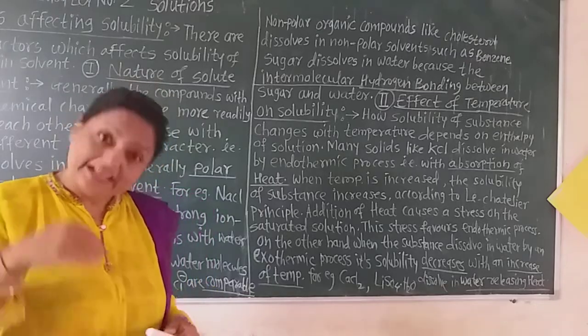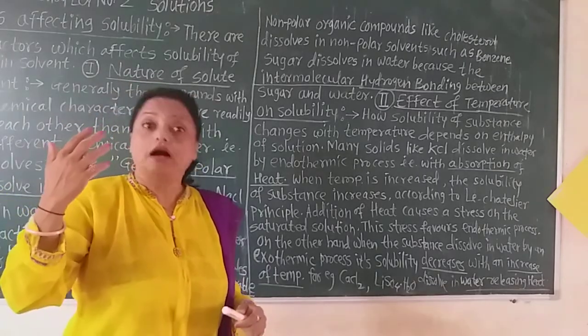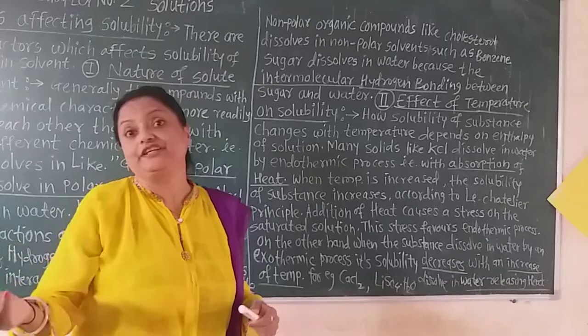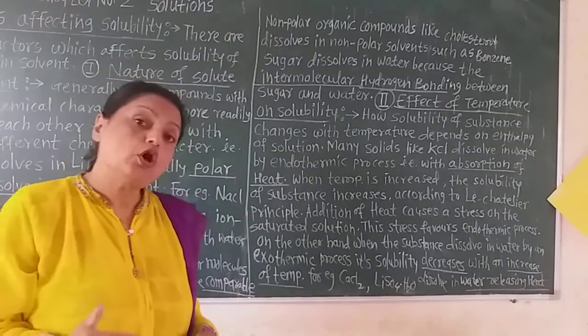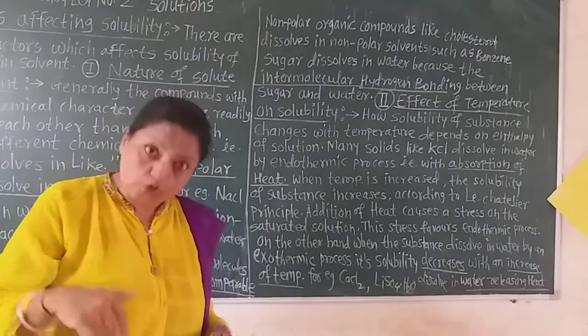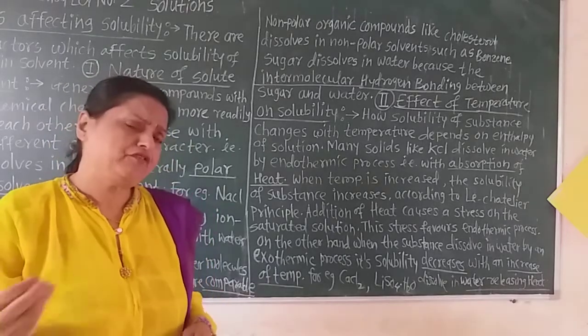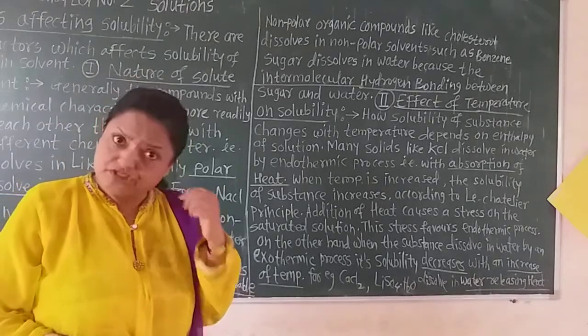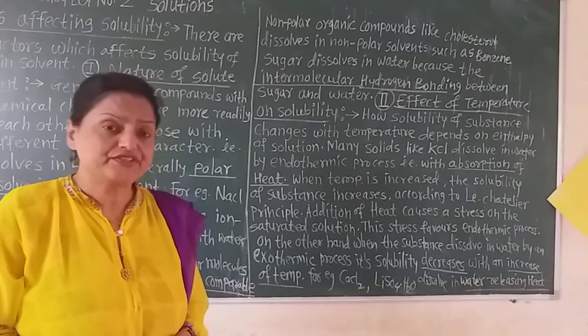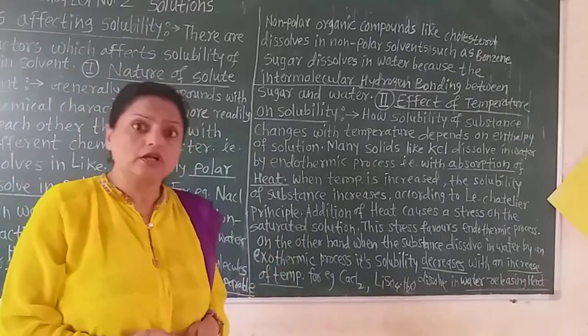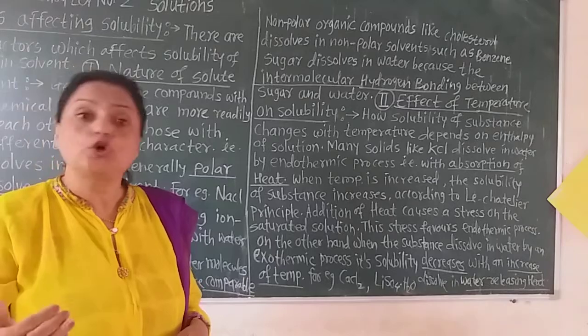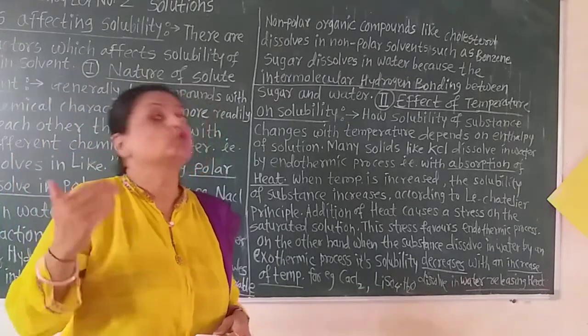Exothermic means evolution of heat. Some substances dissolve into the solvent by evolution of heat, by decreasing temperature. But if we increase the temperature of such solutions, their dissolution process slows down.